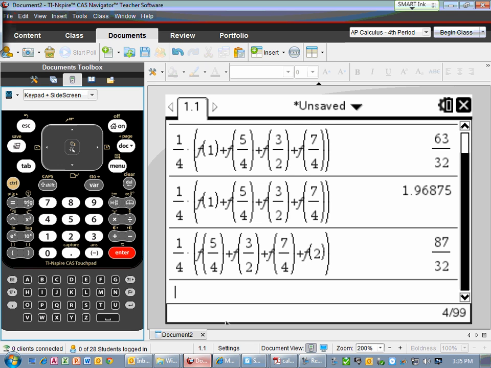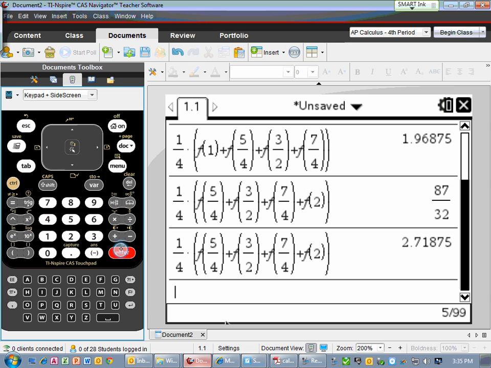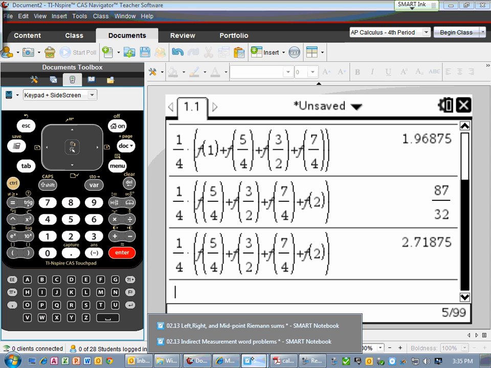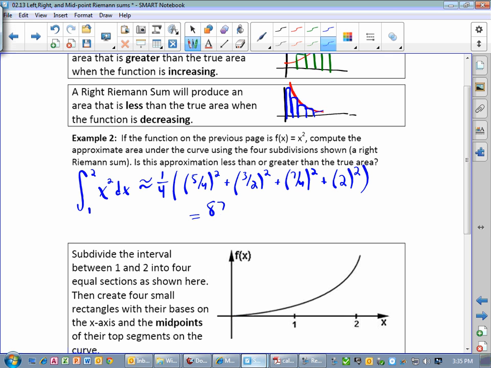And so we get 87 over 32. Control enter gives us a decimal approximation, 2.71875. So 87 over 32 or 2.71875.